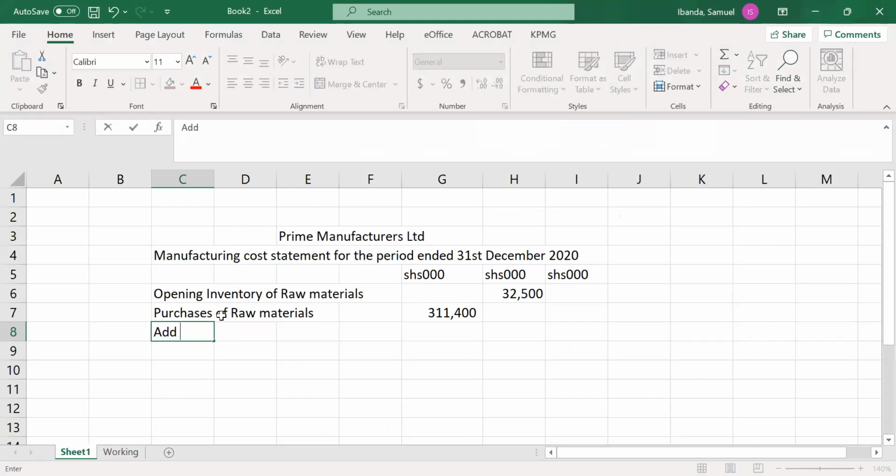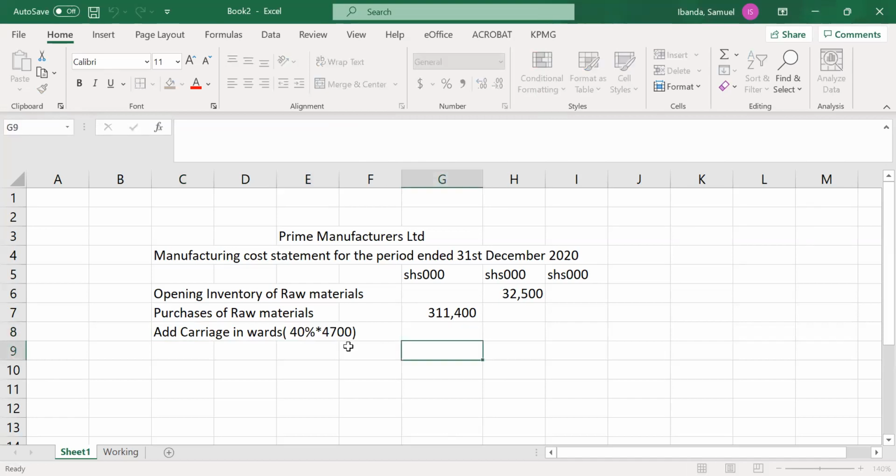Here I'm going to add carriage inwards. And this will be basically 40% of 4,700, because when you add the other values, you get 4,700.